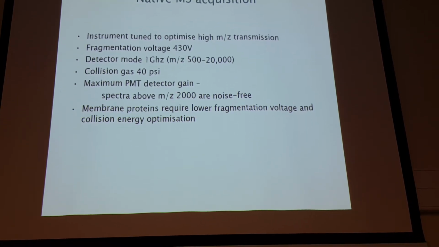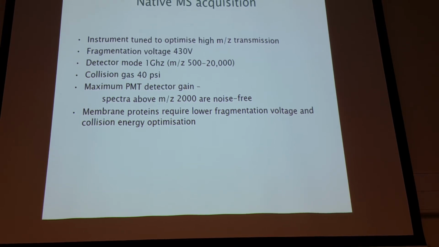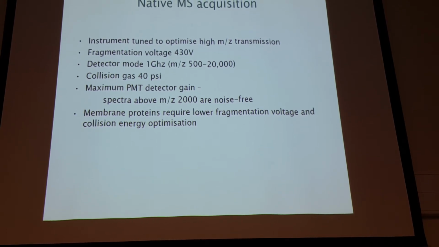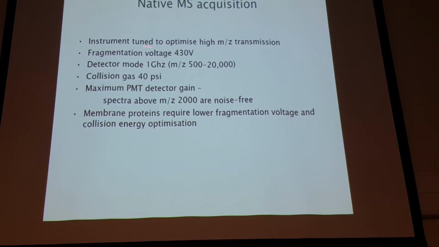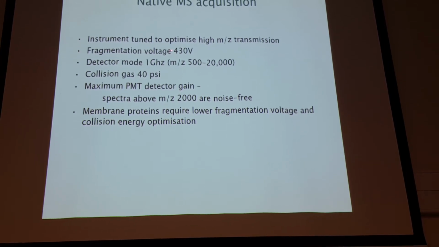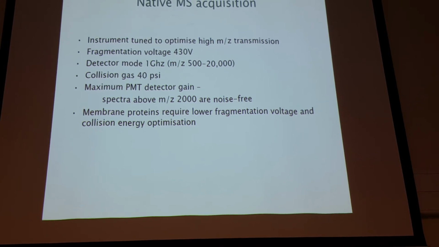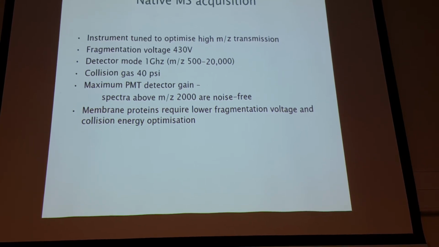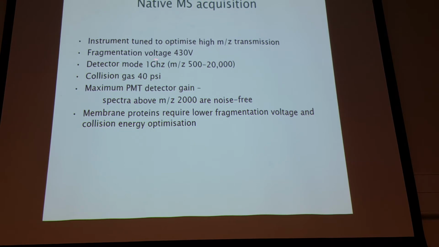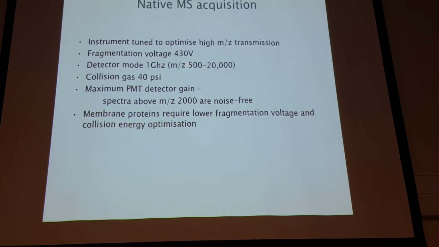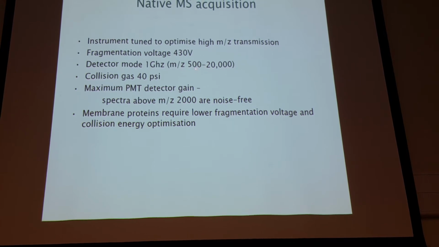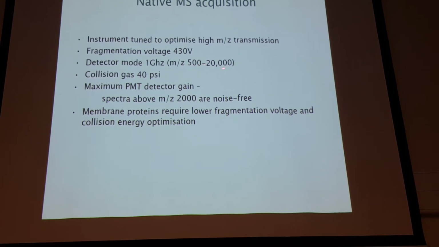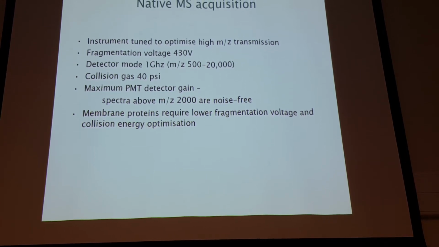Okay, so obviously the instrument has to be tuned to high mass to charge. We do that by usually having this fragmentation voltage, or in other instances the Coulomb voltage, as high as we can make it. On our instruments, we can change detector mode. If we go to 1 gigahertz mode, this allows us to measure the mass to charge from m/z 500 up to m/z 20,000.